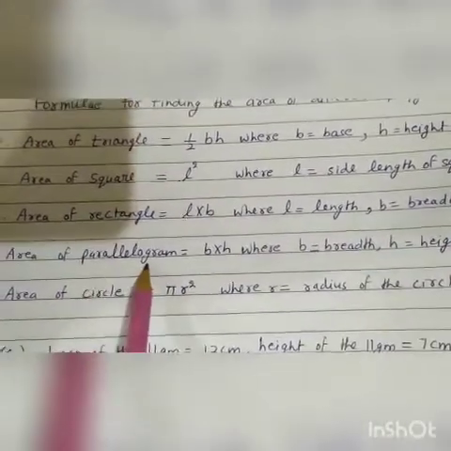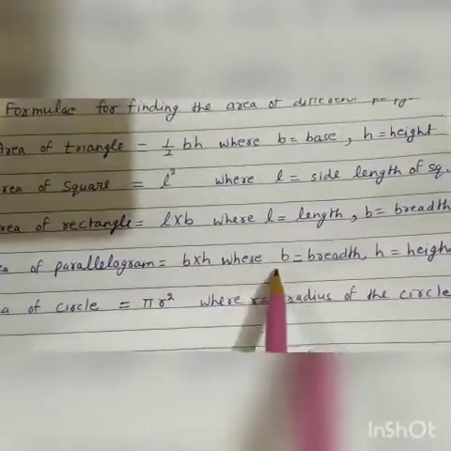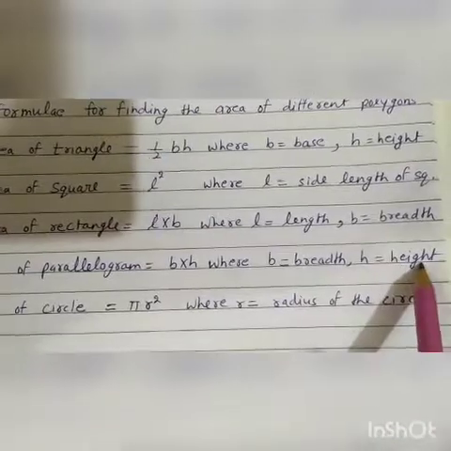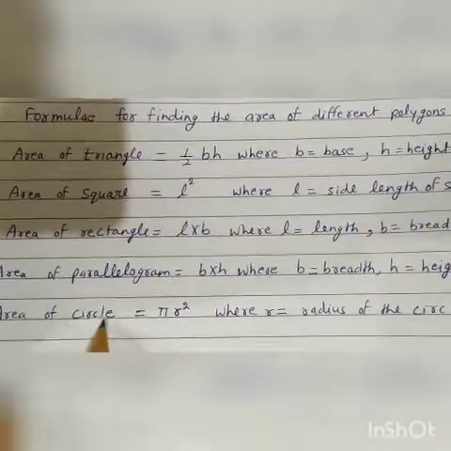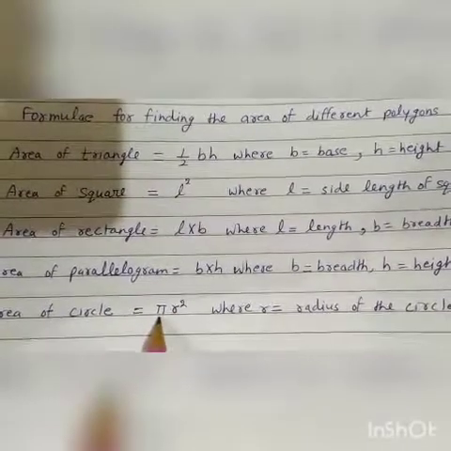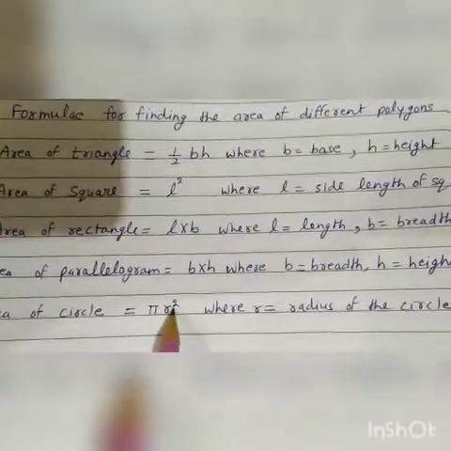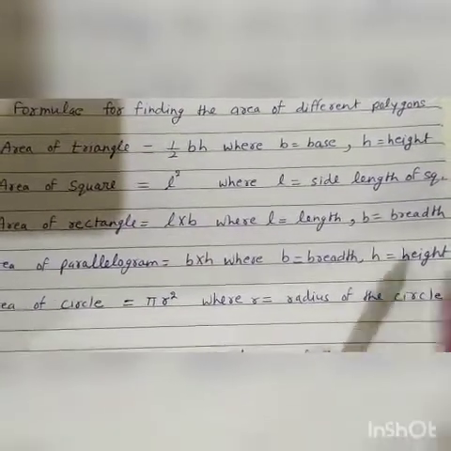Next, area of parallelogram is equal to base into height, where B is the base and H is the height of parallelogram. Last one is area of circle. This is equal to pi r square, where r is the radius of the circle.